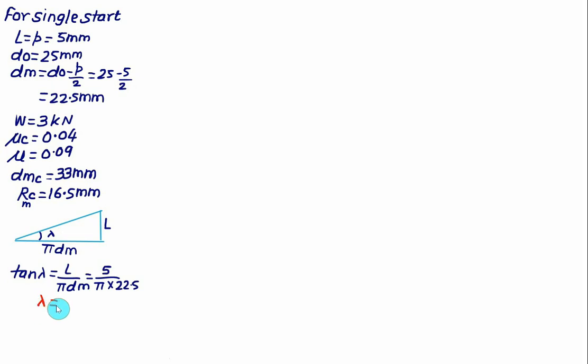So we get the value of lambda close to 4.05. Tan phi is equal to mu, so we can take tan inverse to find the value of phi. So phi is equal to tan inverse of mu. Mu is given as 0.09. So this value of phi will be equal to 5.14.